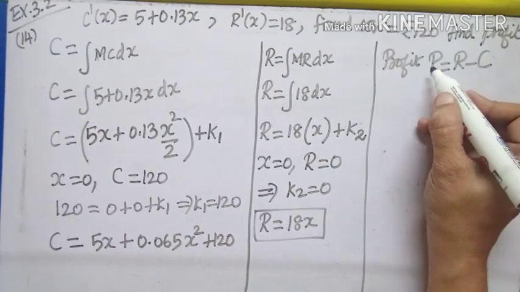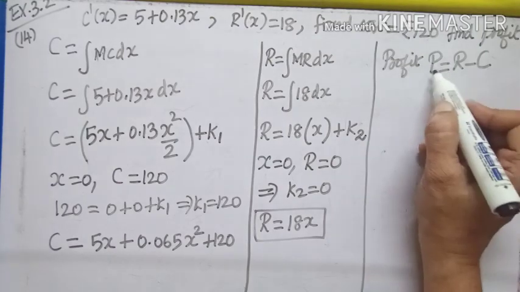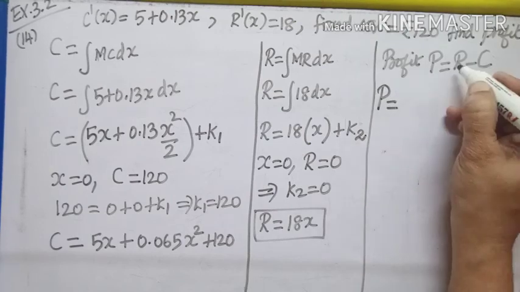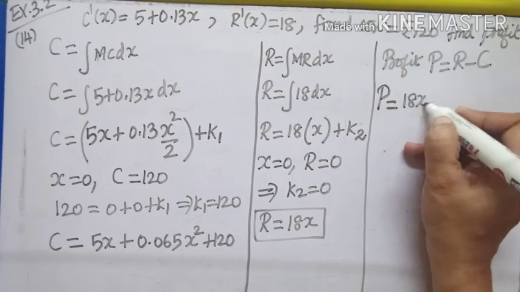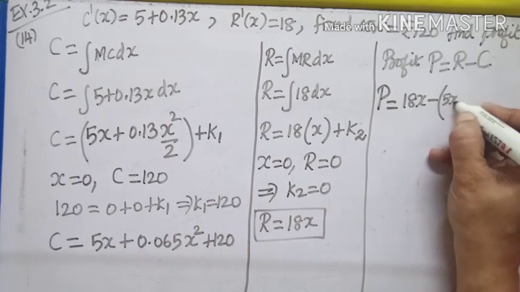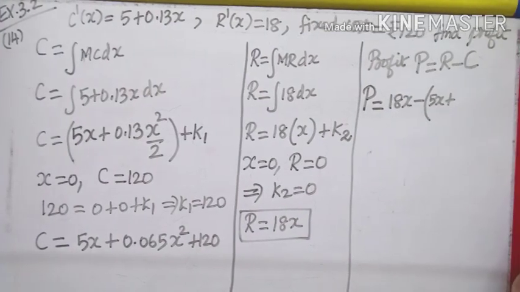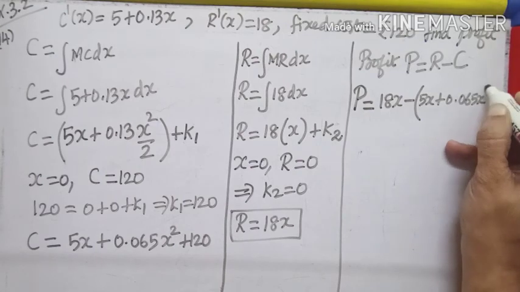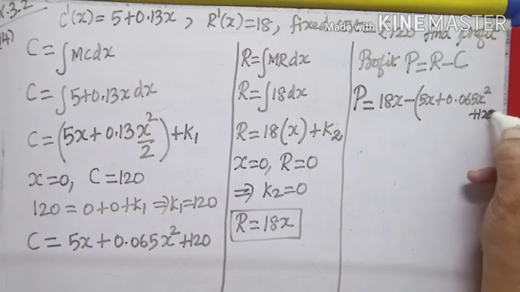Small p represents price, capital P represents profit. Profit equals R, that is 18x, minus C. C is 5x plus 0.065x square plus 120.